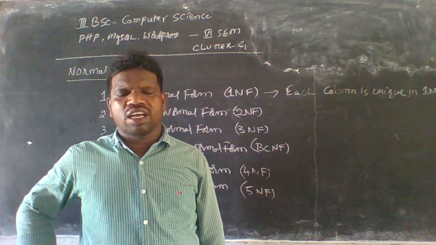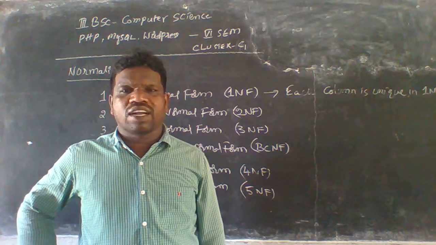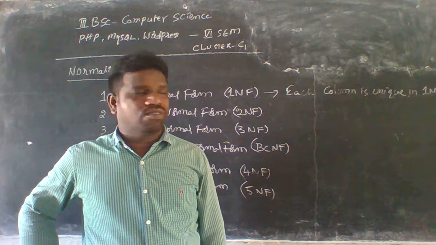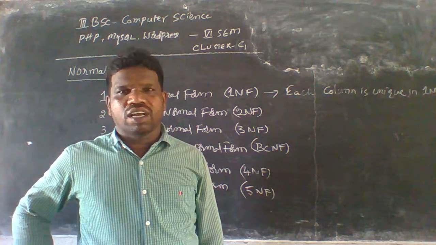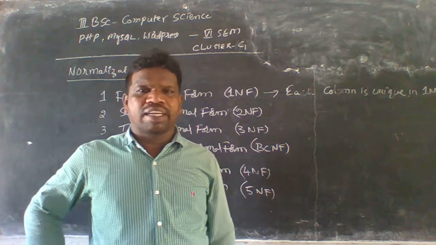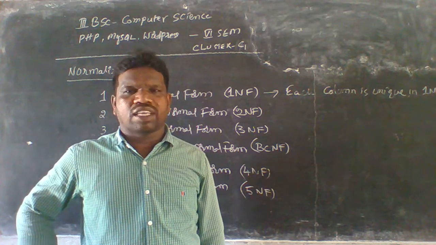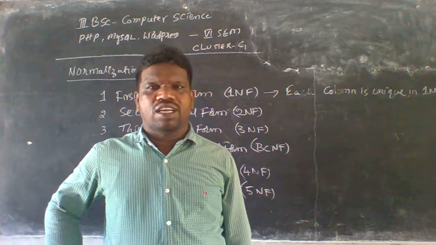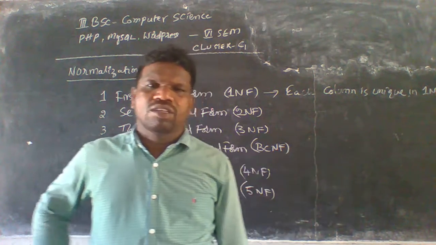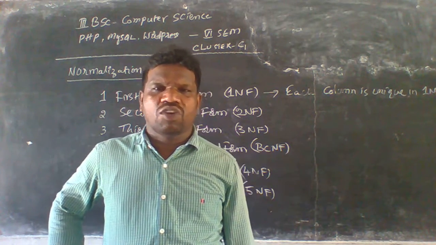Non-unique fields are things like age, class, and the name of the students, because multiple students can have the same name, study the same group, and get the same marks.